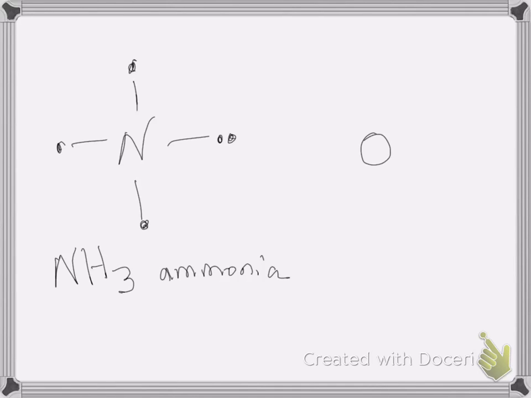So these 3 need a partner. And I'll stick a hydrogen there because remember, hydrogen is very happy to bond. Okay? But I still have these 2 electrons sitting here by themselves that did not get combined with a hydrogen. Are you with me on that idea?